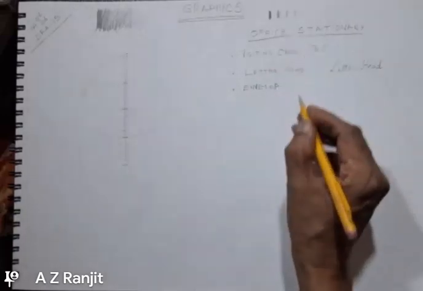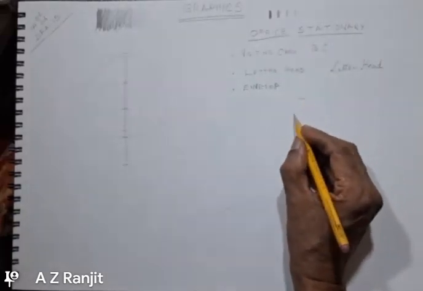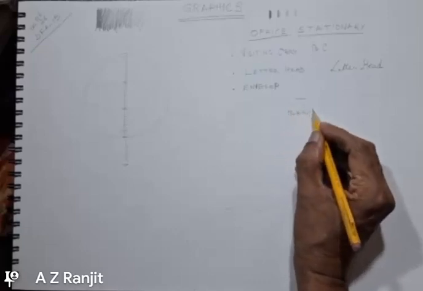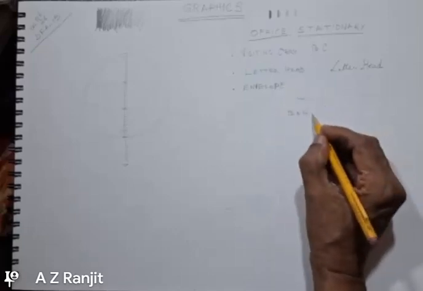So, what are the other graphics that we do? Okay, digital world. For, say, a web page, we need a banner. Isn't it? We need a banner. Digital. Office stationery, I stop there.